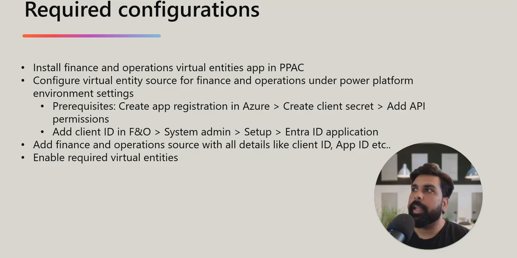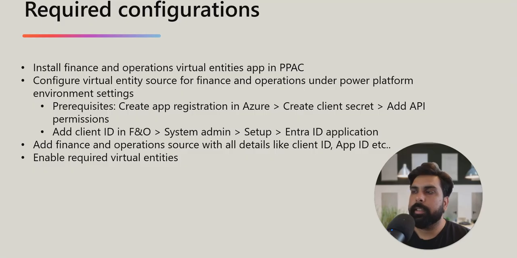And once that is done, then add that client ID which you create as part of your app registration into the system admin in the Entra ID application, so that what you have created in Azure is connected in F&O, and those details are used in your Power Platform Admin Center environment setting to connect the source for finance and operations virtual entity.